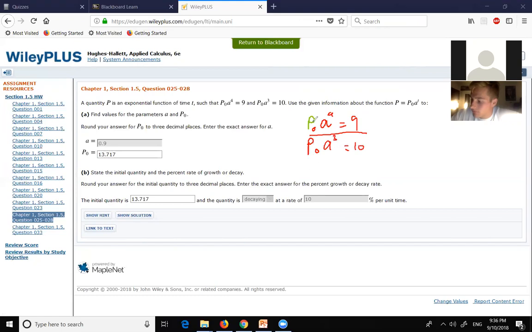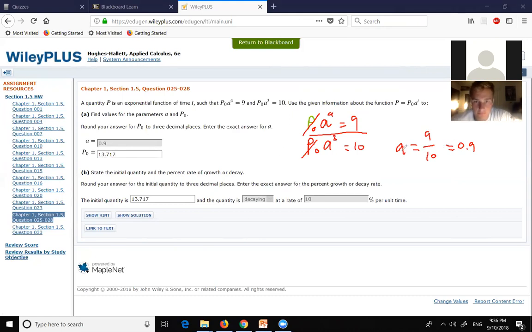If you take the ratio, you cancel the P naught, right? So A4 divided by A3, subtract the exponent, 4 minus 3, you get A, equal 9 over 10, or 0.9. So that is how you got 0.9 for A.